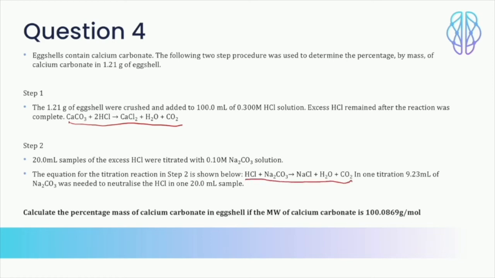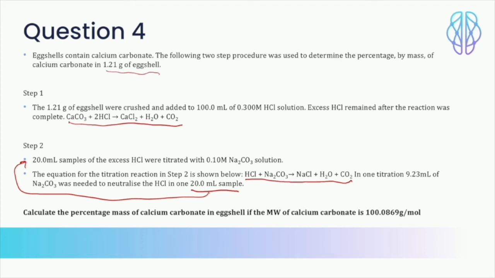In one of the titrations, it took 9.23 milliliters of sodium carbonate to neutralize the HCl, and that was obviously the 20 milliliter sample that we took in this step. And we're asked to calculate the percentage mass of calcium carbonate in the eggshell. So in the 1.21 gram eggshell, how much of that is calcium carbonate? It's essentially what they're asking.